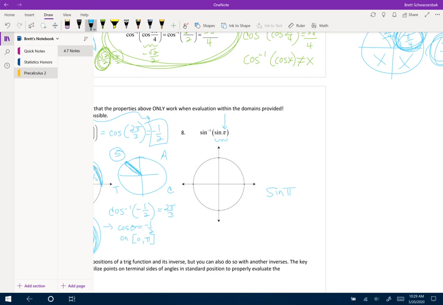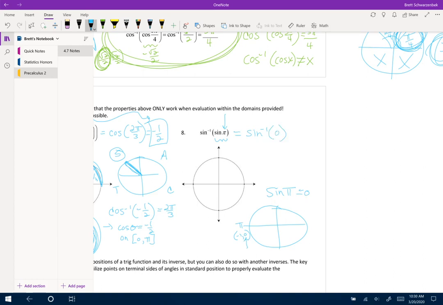So if we're looking at the unit circle, pi is located over here at the coordinate -1, 0. So what is the sine? It is the y coordinate at pi, which is 0. So what can we do now? We can replace this entire value with just 0.